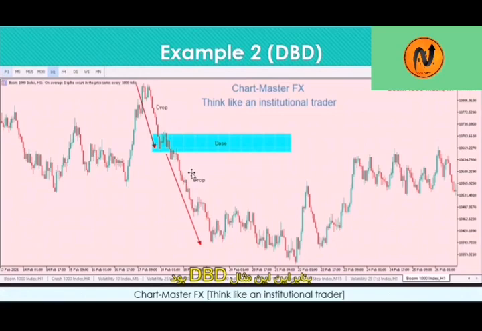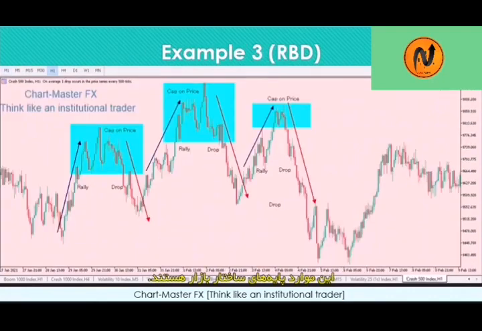So this is an example of a DBD. You need to look at these things. These are the basics of market structure. Let's go to example number 3, where we'll be looking at the RBD.